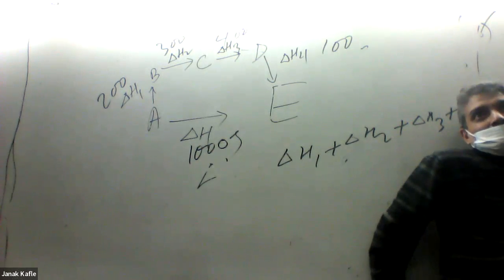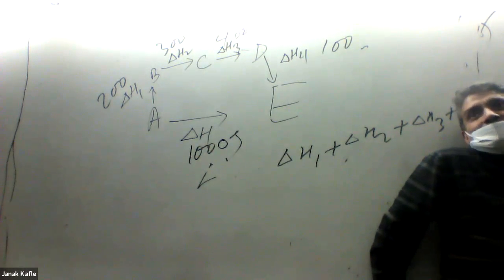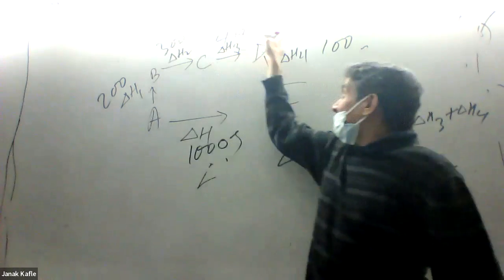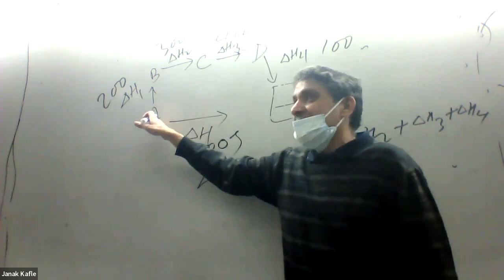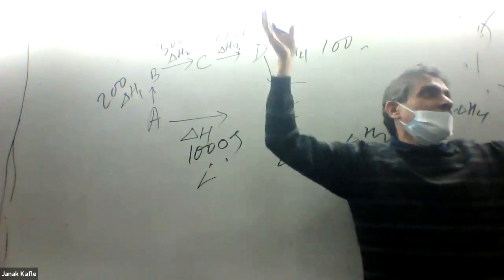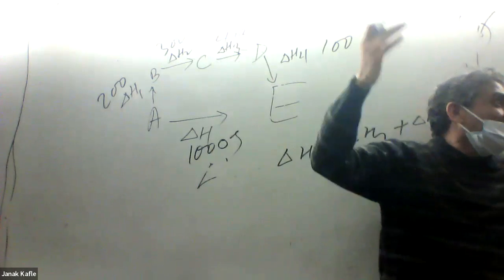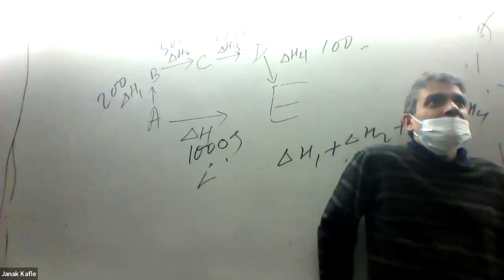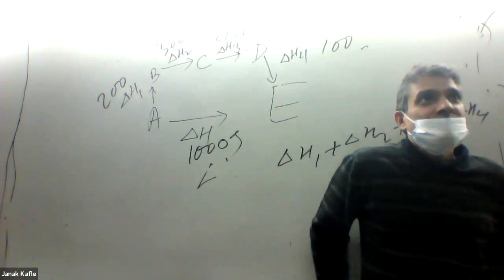Make sense? No matter which way you do the calculation, the total gives the same amount of heat as the direct path, or any other kind of path. How many paths are there? No matter how many steps you do, the net sum of the heat is the same. Got that? Okay, like that.